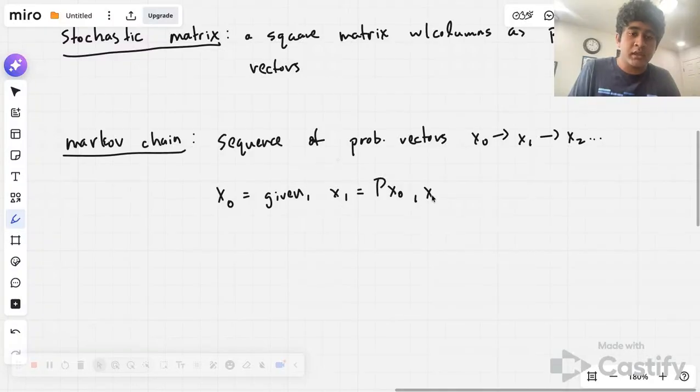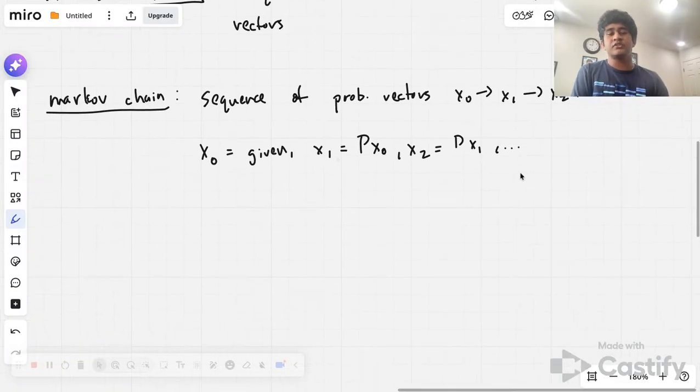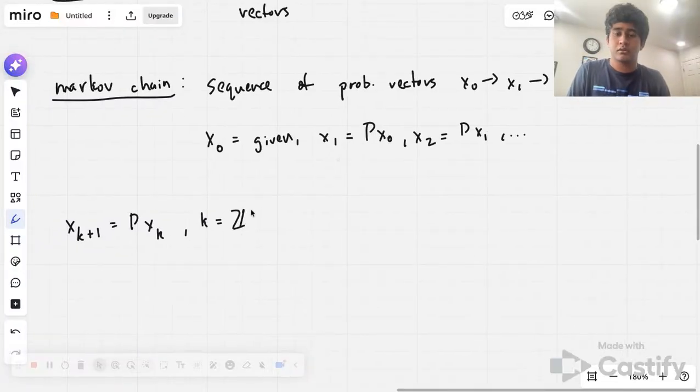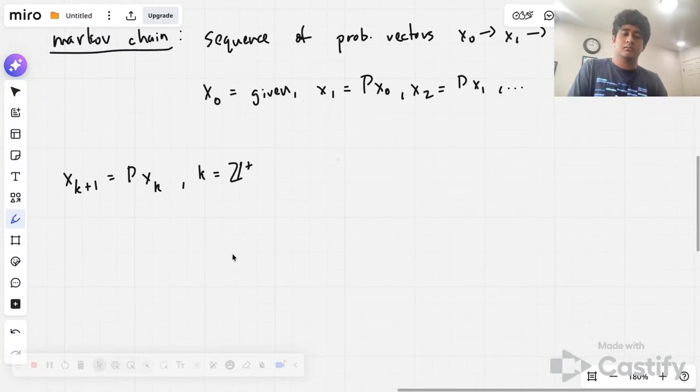From this, we get x2 is P times x1, and this sequence continues, right? We can actually write this as a first order difference equation where x of k plus 1 is just P times x of k, where k is some integer, some non-negative integer, because you can have 0.